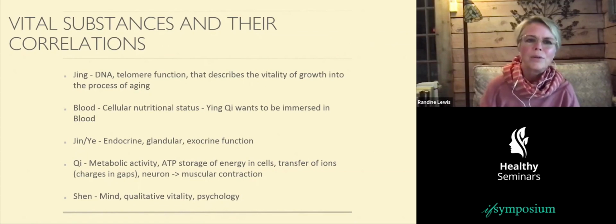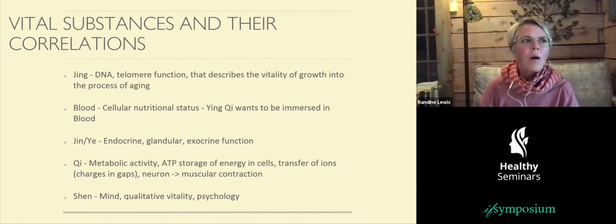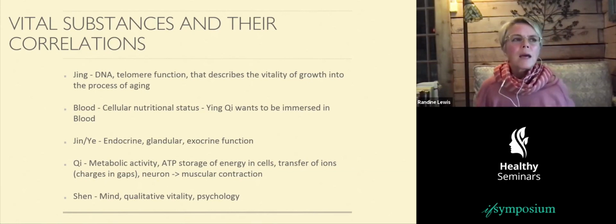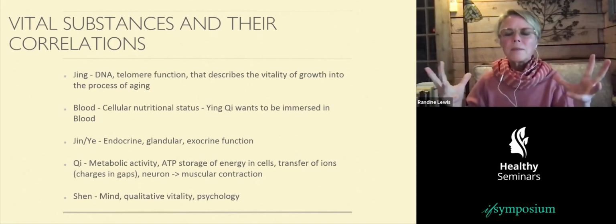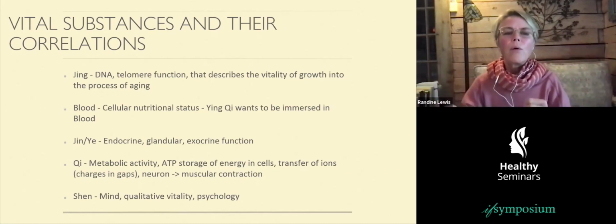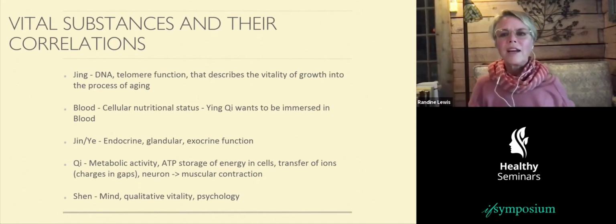It's like, what does it do? It's the functional aspect of epigenetics with genetics, telomere function, that describes how this vitality, how this Jing Shen that we spoke about in the beginning comes into emergence, into growth, and how it defines the process of aging.